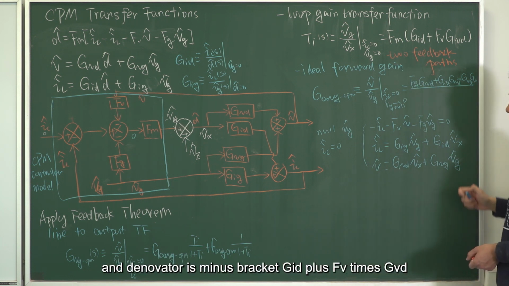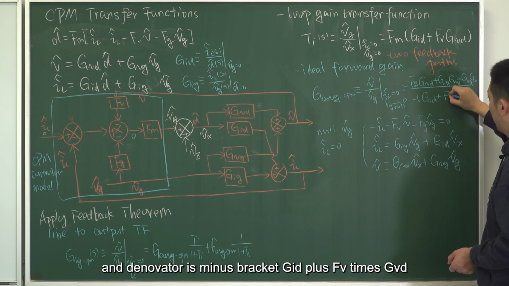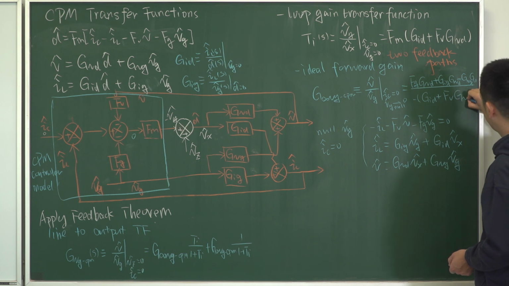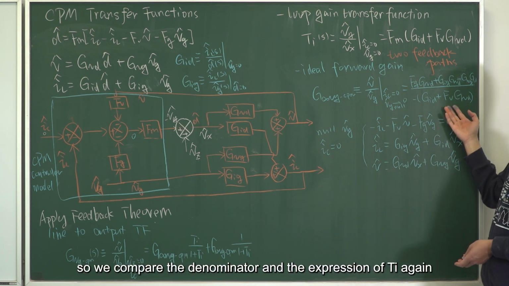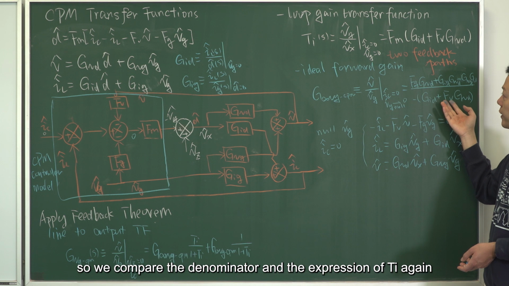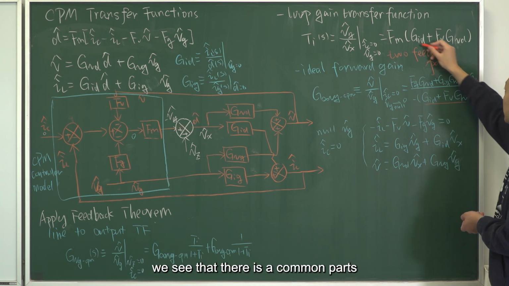And the denominator is minus the bracket GID plus FV times GVD. So we compare the denominator and the expression of Ti. Again, we see that there are common parts.